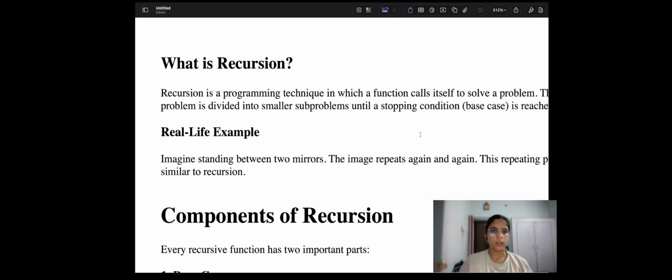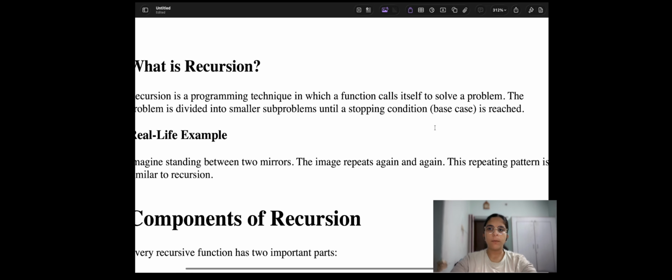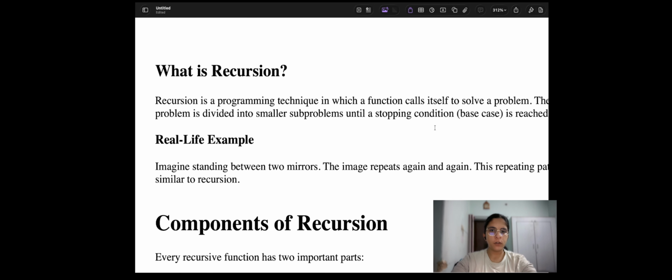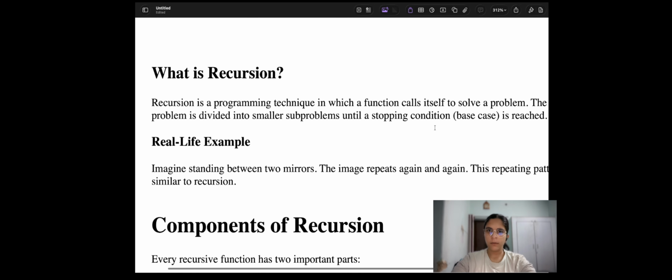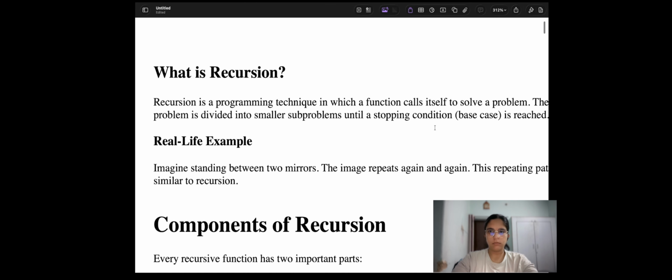What is recursion? Recursion is a programming technique in which a function calls itself to solve a problem. The problem is divided into smaller subproblems until the stopping condition, the base case, is reached. Have you got this point? If not, I will repeat it.